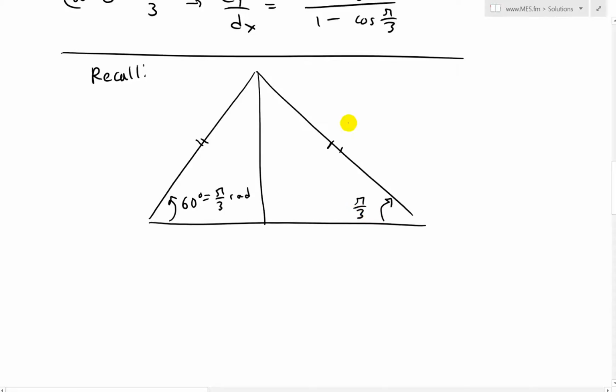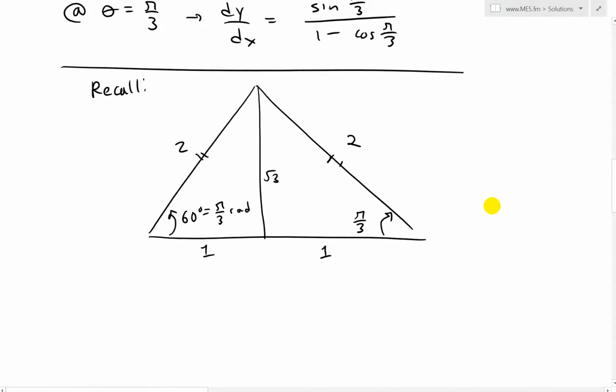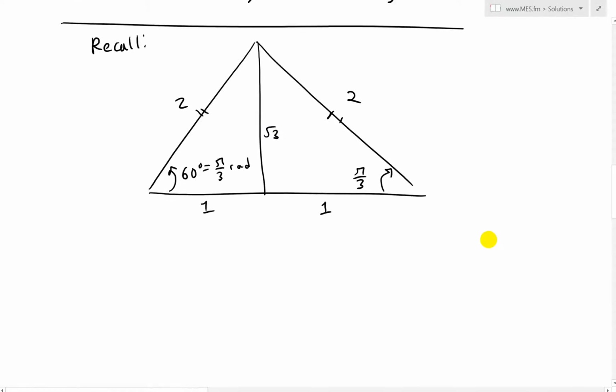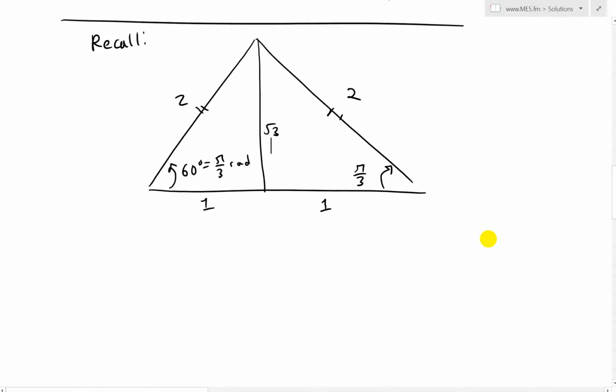Let's say every single side is 2. Then this side is going to be 1, and using Pythagoras you can solve this one here. It's just 2 squared minus 1 squared, that becomes 4 minus 1, you get 3, so this is square root 3. So this is a quick way to memorize. You can learn more about this in the exact trig ratios video in the description below. Check that out, it's pretty cool.